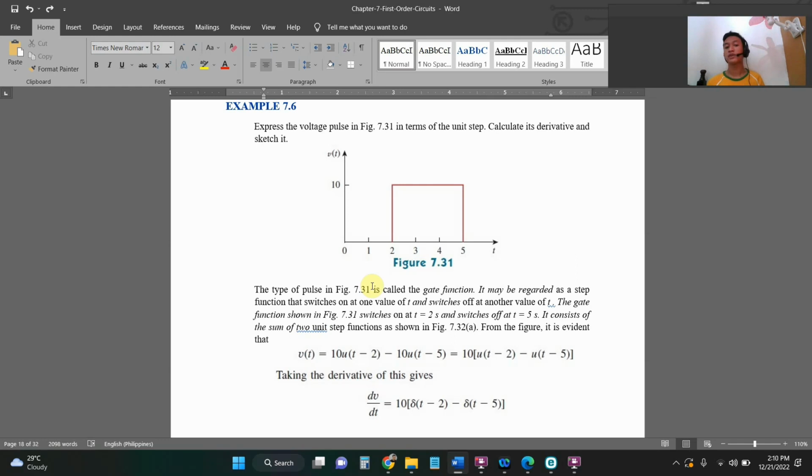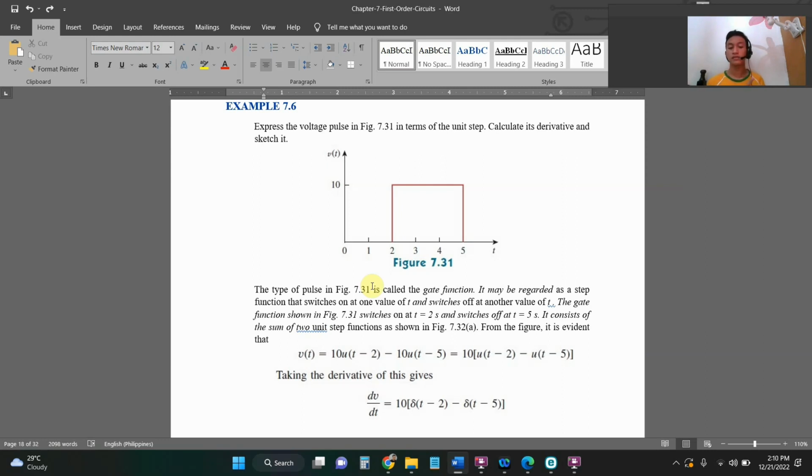For example, it switches on at t equals 2 seconds, and after a few seconds, it switches off at t equals 5 seconds. So it consists of the sum of two unit step functions, as you can see a while ago in figure 7.31.